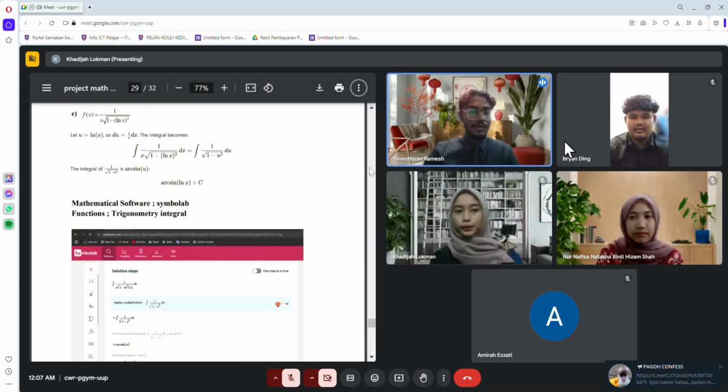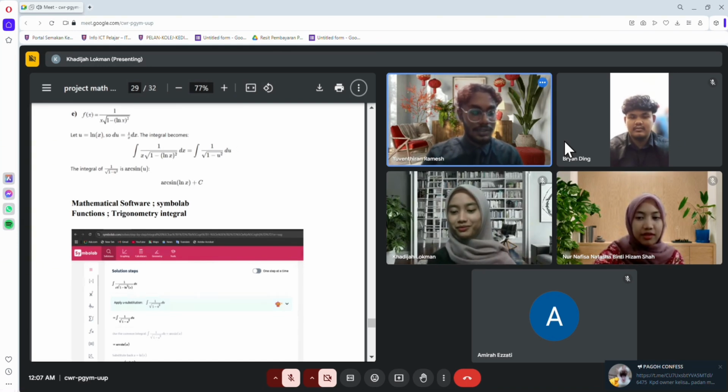Okay, now question E. We've got to solve f(x) equals 1 over x times the square root of 1 minus (ln x) squared. So first we let u equal ln x, so du equals 1 over x dx. The integral becomes as shown. And then the integral of 1 over the square root of 1 minus u squared is arcsin.